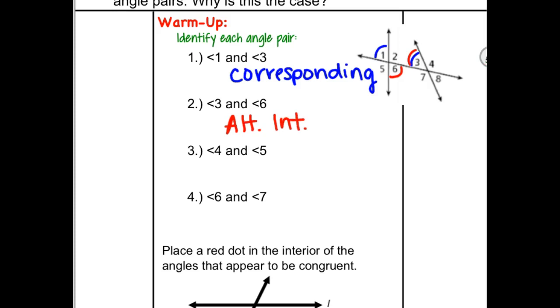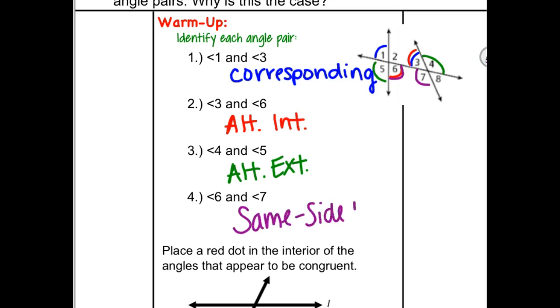Angles 4 and 5 are alternate exterior angles. And angles 6 and 7 are what we call same side interior angles. Now notice in my picture, I don't have anything parallel.